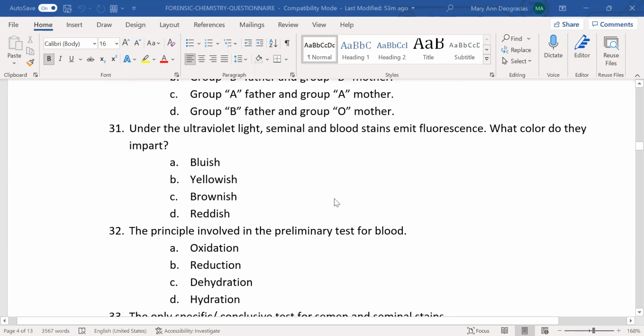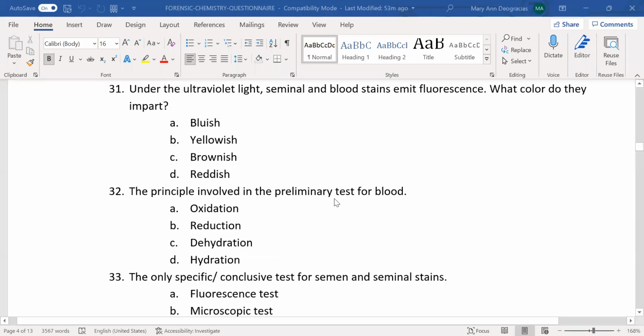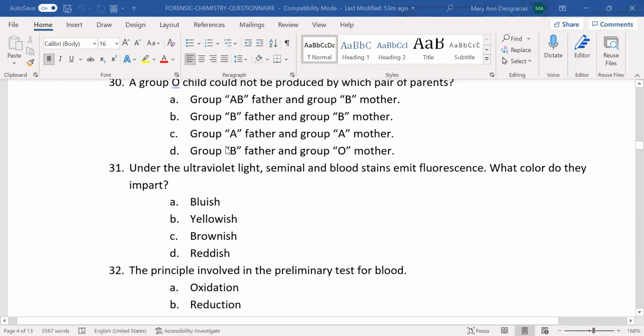The principle involved in the preliminary test for blood. What's the answer there? A, oxidation. Number 30? Didn't we do 30? Okay, 30 is letter A.